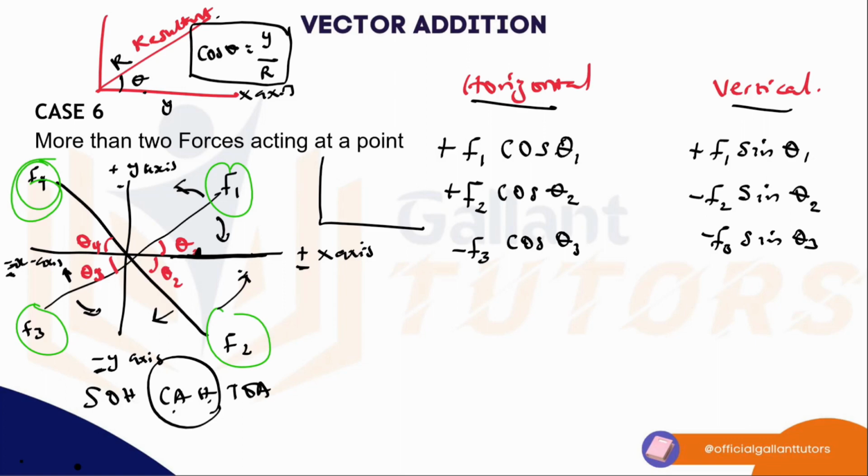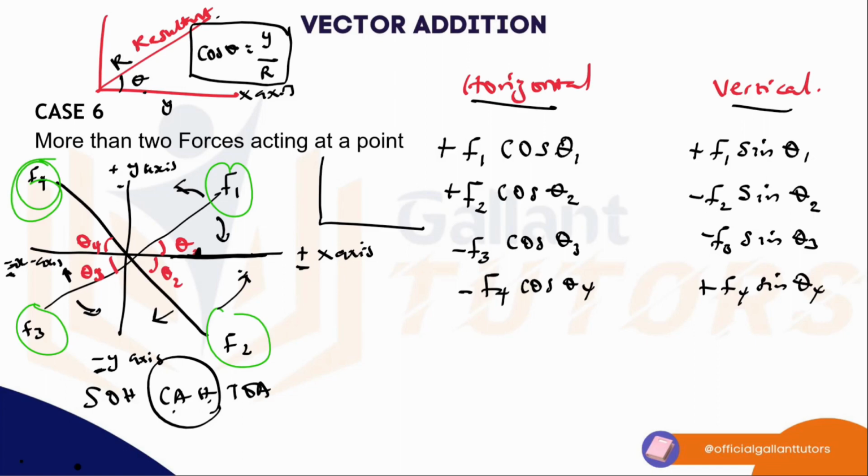So for the horizontal it will be negative, so it will be minus f4 cos theta 4 and plus f4 sine theta 4.